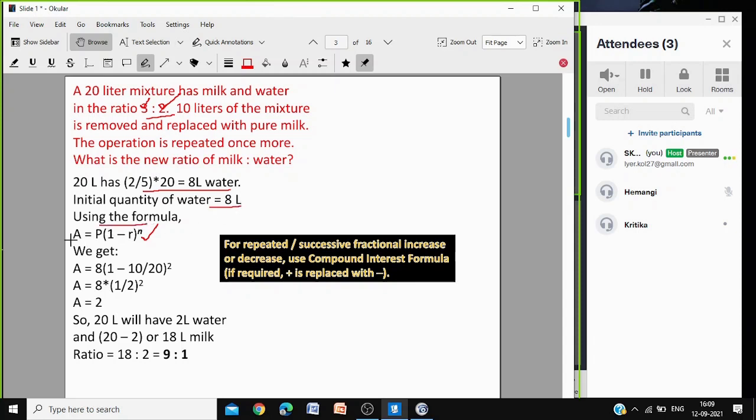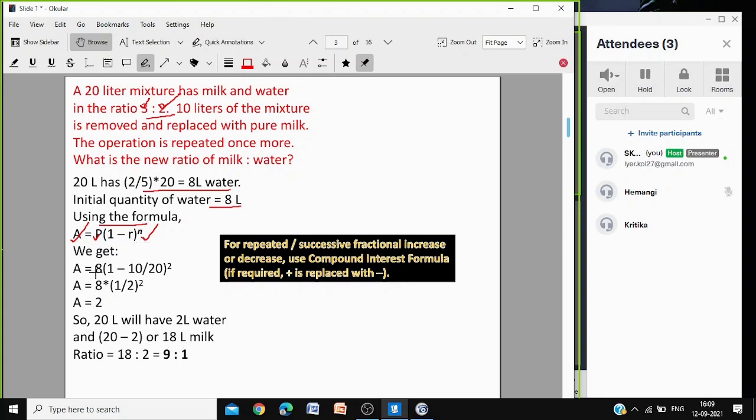The amount is P into 1 minus R, because the quantity is decreasing, instead of R by 100 because it could be any fraction, whole power n. N is the number of times you do it.